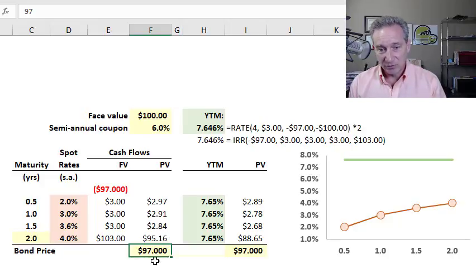That price will be pulled to par, so we're going to get some capital appreciation. And so the amount that's above the 6% reflects that capital appreciation. So the yield to maturity is really a reflection of whatever the bond price is. It incorporates the information of the traded bond price.